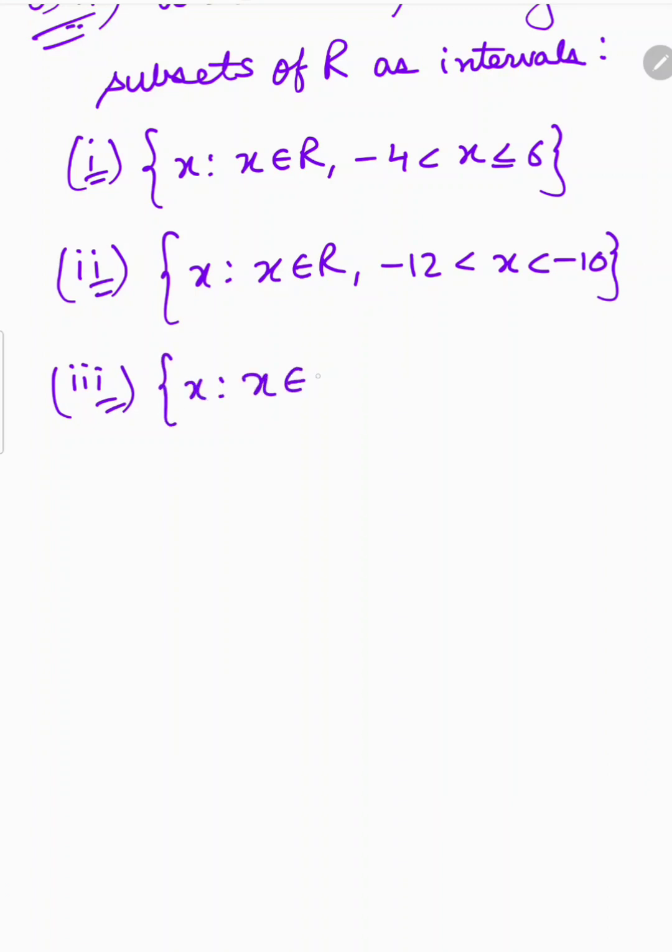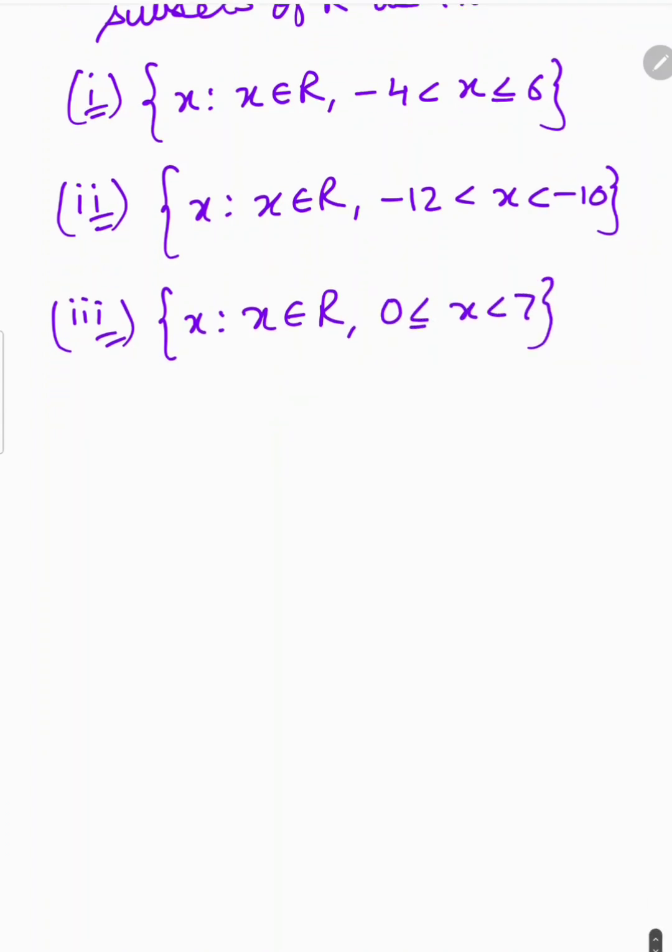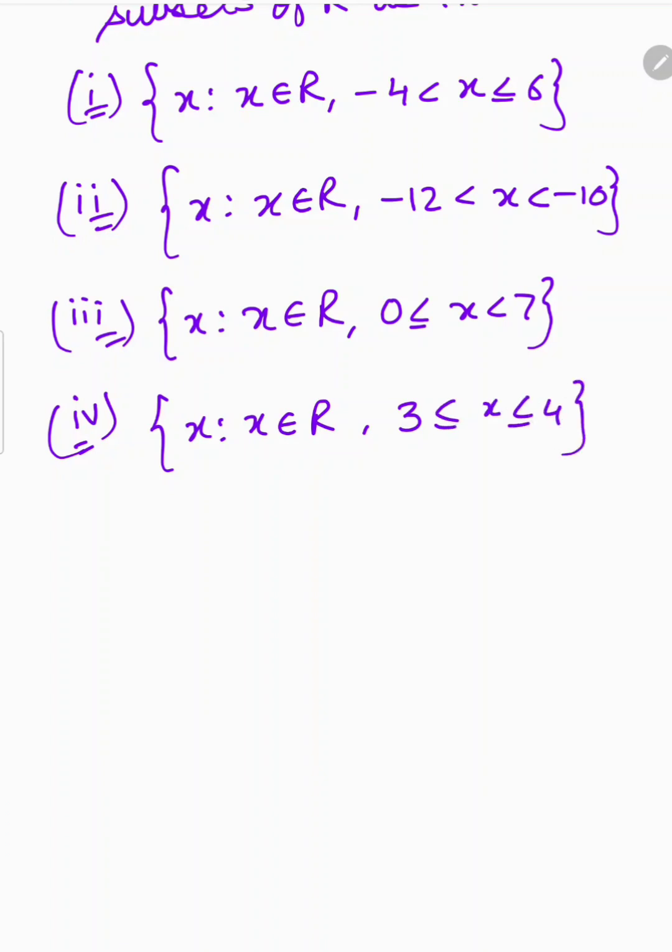The set of all x such that x belongs to real number and x lies between 0 to 7. The set of all x such that x belongs to real number and x lies between 3 and 4.